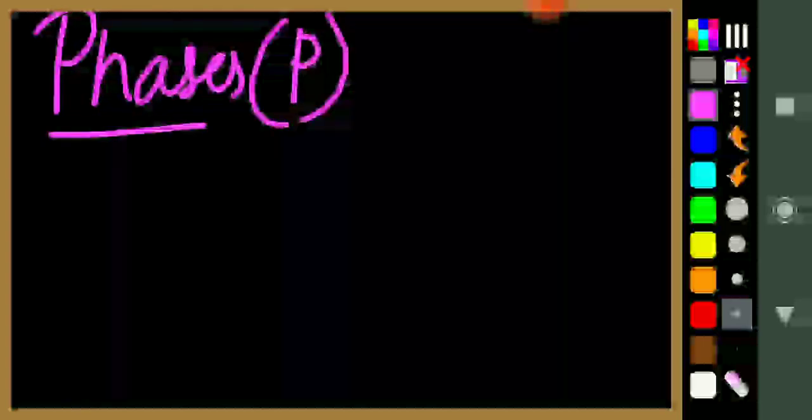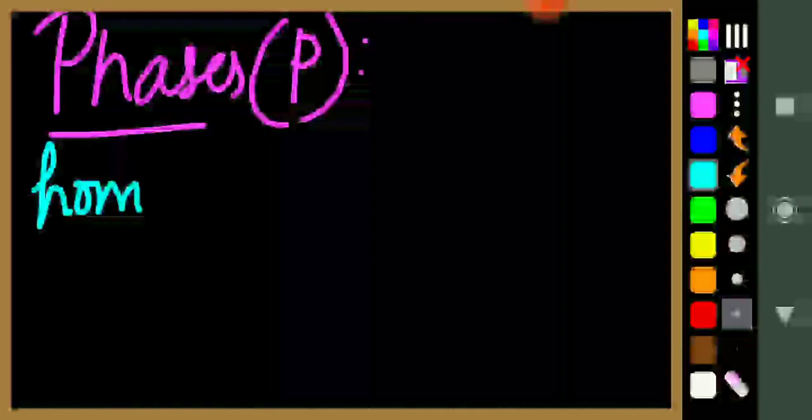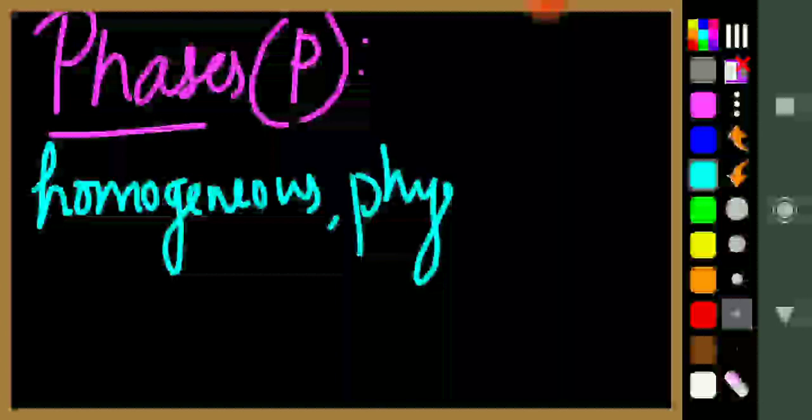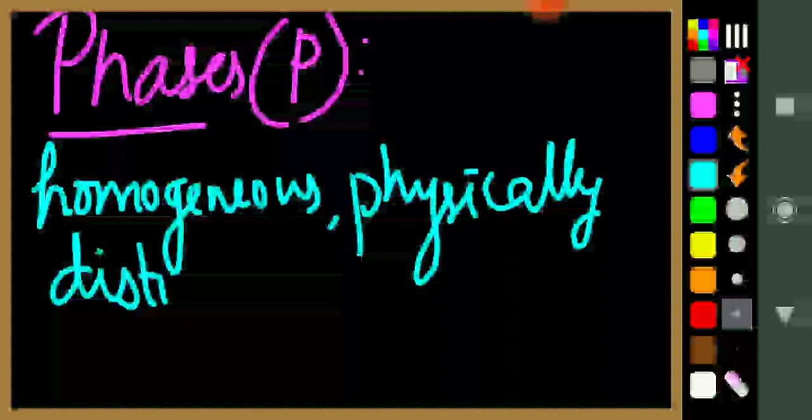P stands for phases. A phase is nothing but it is homogeneous, physically distinct, mechanically separable.